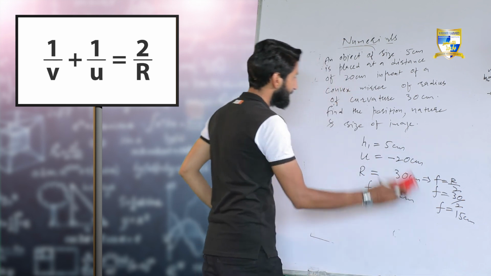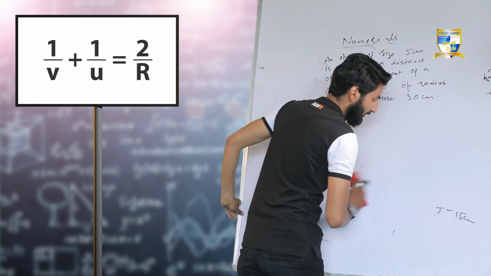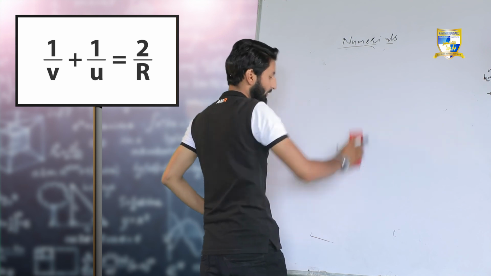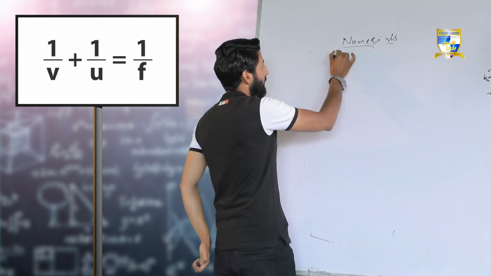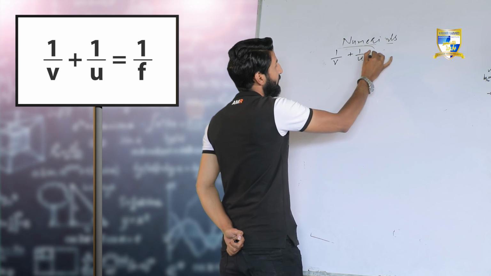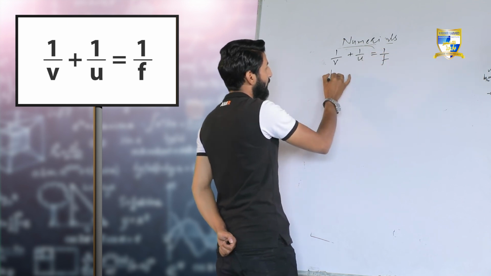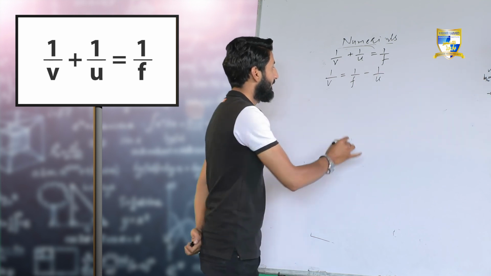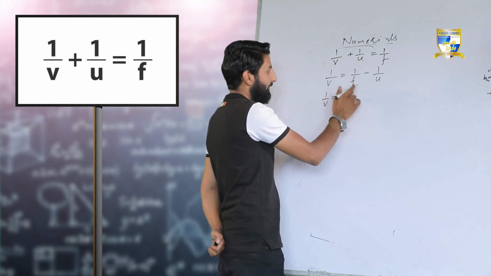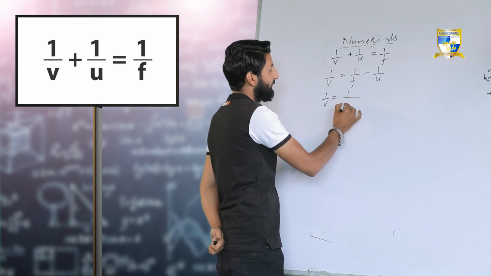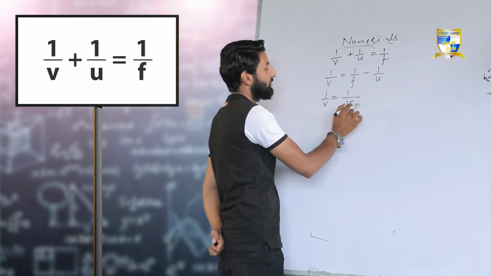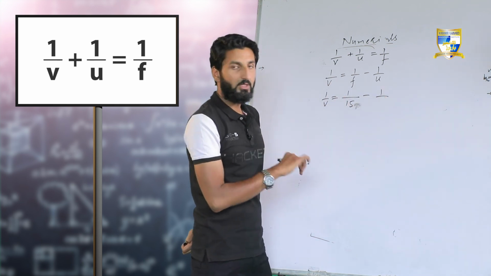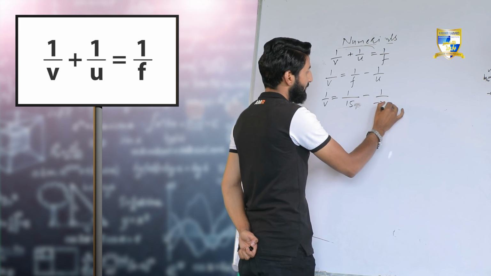Let's say I would write the formula 1 by V plus 1 by U is equal to 1 by F. 1 by V is equal to 1 by F minus 1 by U. F is given, 15 centimeter, it's a convex mirror, so F would be plus, minus 1 by U. U is also given, that is minus 20.